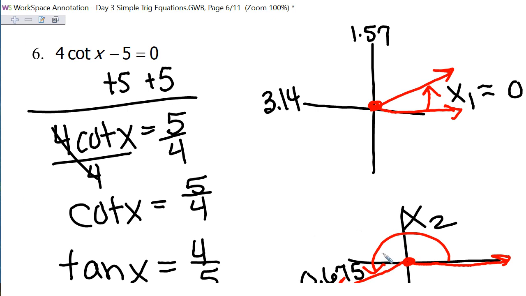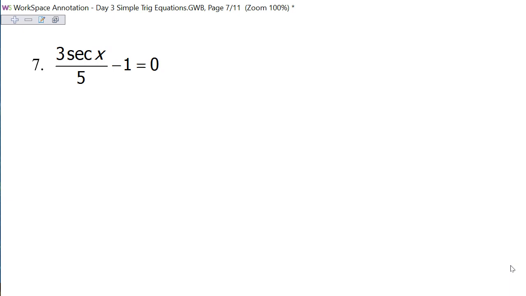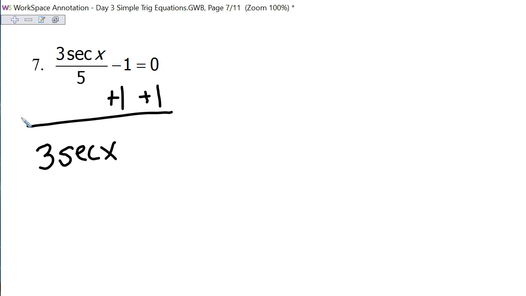So find the reference angle, then either add it to pi, subtract it from pi, or subtract it from 2 pi to find your second answer. And a diagram helps. Okay, for number 7, we need to get the secant by itself. To get secant by itself, what would we have to do first? Add 1 to both sides. That gives us 3 times secant of x divided by 5 is equal to 1.